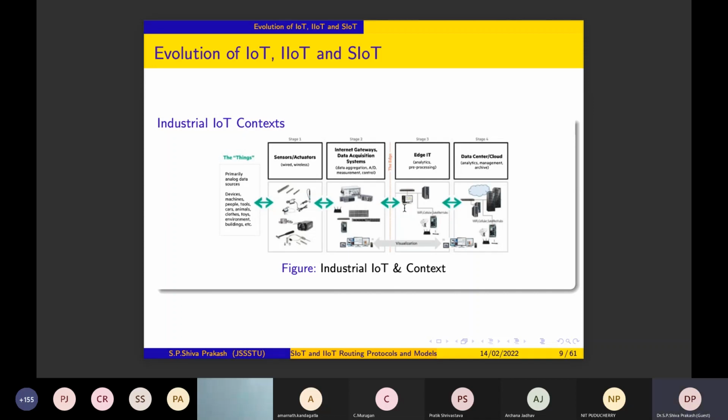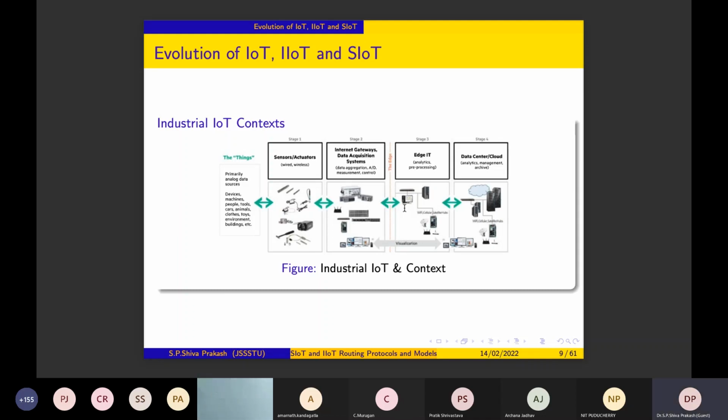So basically, in stage one, you have a set of sensors as well as actuators, okay, which will then be utilized by a gateway, I mean the internet gateway, where the data acquisition system will collect all this data. So when it starts collecting, the data aggregation, right? Okay, then that will be sent to an edge IT, right?